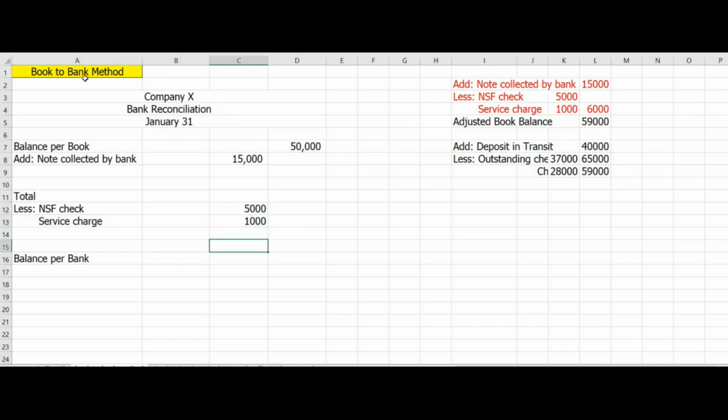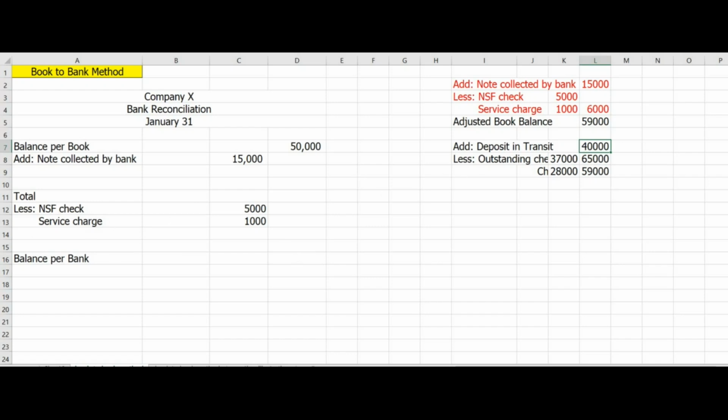Now, for the bank reconciling items, we said we should reverse them. Why do we reverse? Because these items, like here, the deposit in transit of 40,000, is already included in your balance per book. But what you want is for this 50,000 to equal the balance per bank.